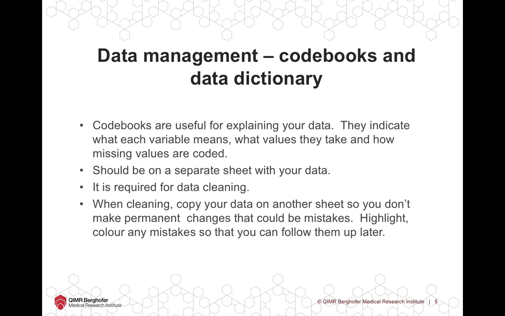So your codebook indicates what each variable means, what values they take, for example, male might be recorded as a 1 and female as 2, so we know what the 1s and 2s mean, and also how each missing value is coded.